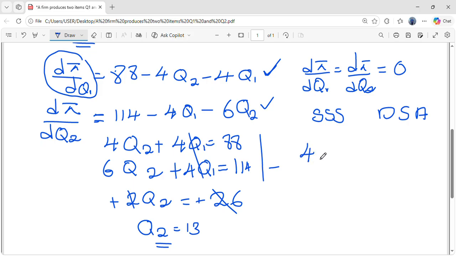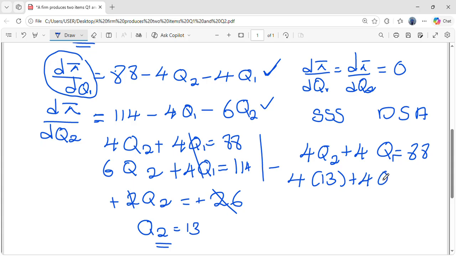So it will be 4q2 plus 4q1 equal to 88. Then immediately you want to find the value of q1. So like we said, we substitute where there is q2 with 13, and we put q1 here is equal to 88. So we multiply, you can just get your calculator.